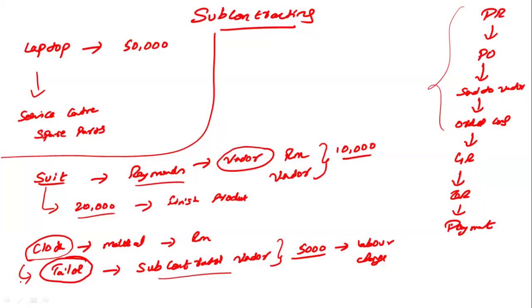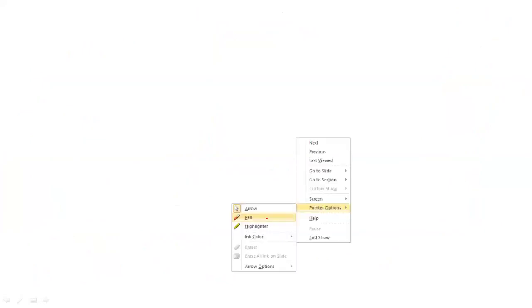Okay. If we look at it from the system perspective, as I mentioned, we have this PR, PO. PO is sent to vendor. You receive the order confirmation. As soon as you receive the goods, you do the GR. Invoice is posted and the payment is done. Let me sketch the same process for subcontracting on another page, and write down both here.